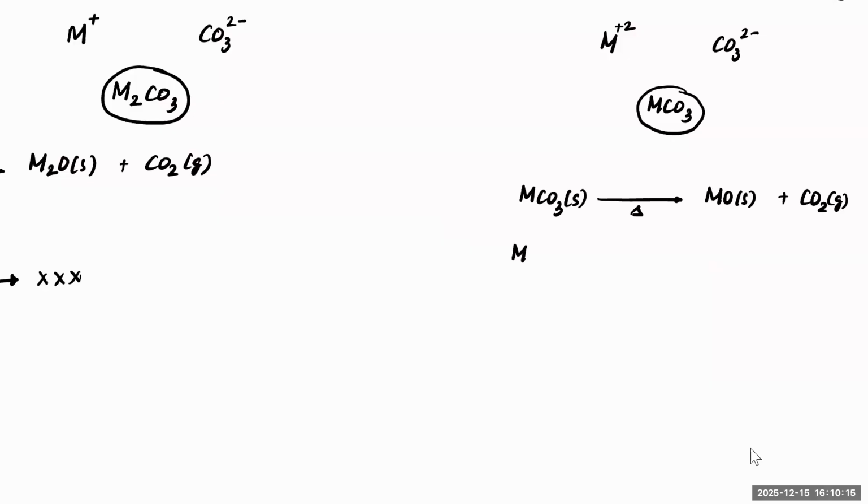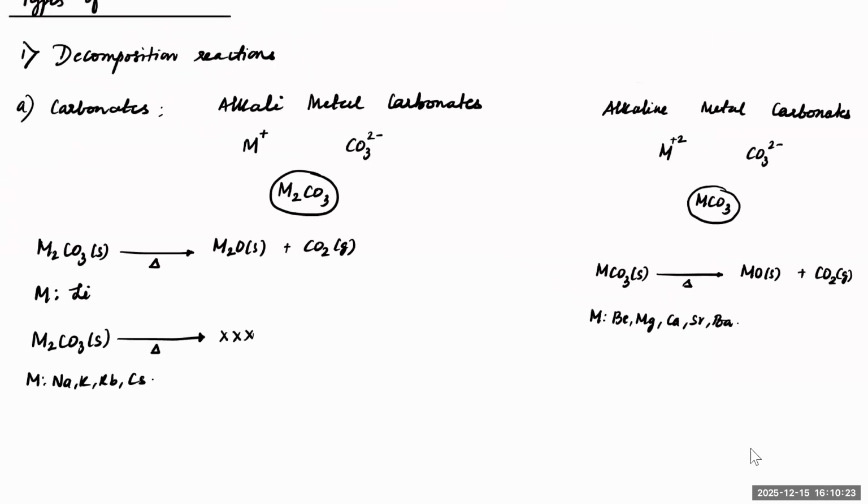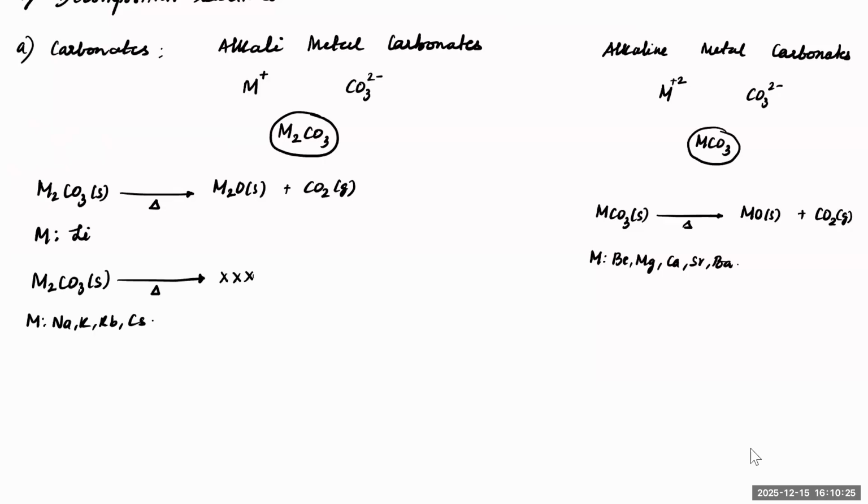Here all metals decompose: beryllium, magnesium, calcium, strontium, and barium. So have you noticed something in the entire periodic table? It is only the group 1 carbonates which are stable on heating. Otherwise, any other group elements will decompose their carbonates.